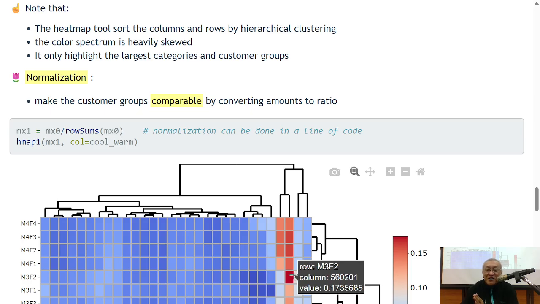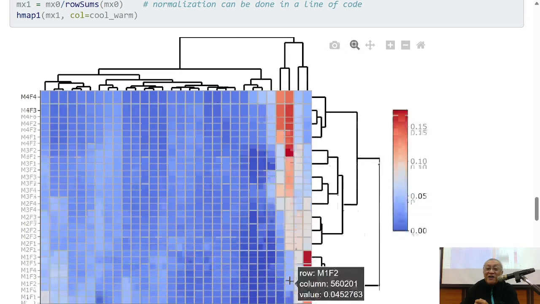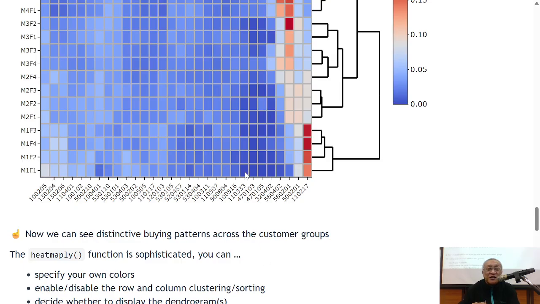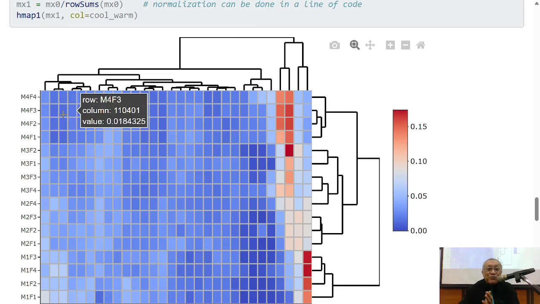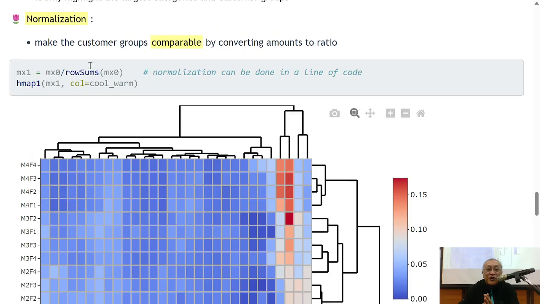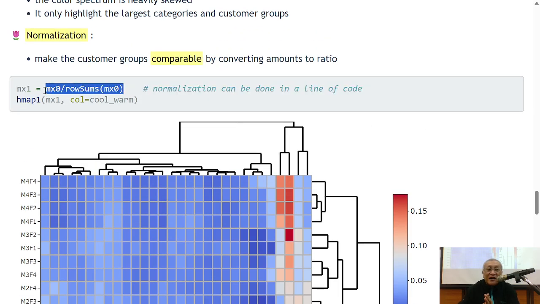Okay, and this is more dramatic, right? In this M4F1, they spend about 17% of their money on this product, right? So in this way, you can see that after we do this normalization, I mean, after I do this transformation, I transform the buying amount into the percentage of money they spend, right?